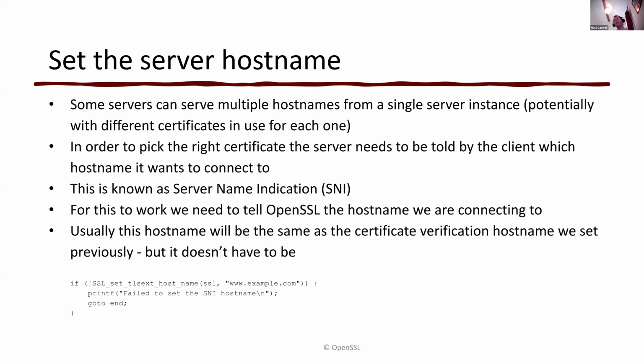But most of the time, it's just going to be exactly the same, and we do that through this function SSL_set_tlsext_host_name. You pass in the SSL object, you pass in the host name, and again we must check for errors, and again we bail out if that fails.